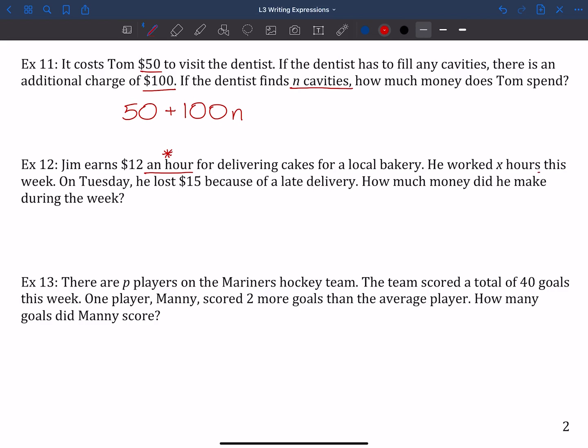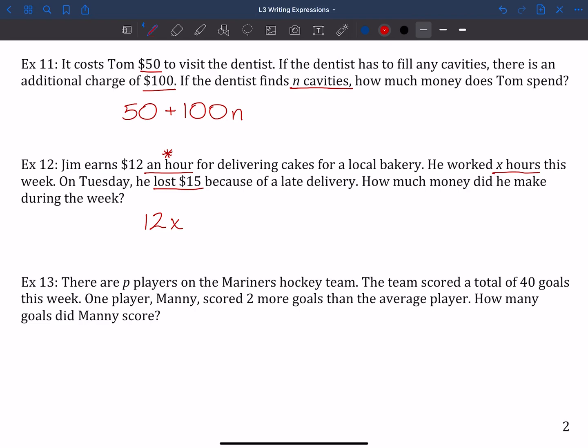He worked for X hours this week, but he lost $15. So let's talk about the $12 an hour for X hours, kind of like the one where I think it was Jerry running the race. That's $12 for every hour, so that's going to multiply by X. If he worked 1 hour, he only makes $12.